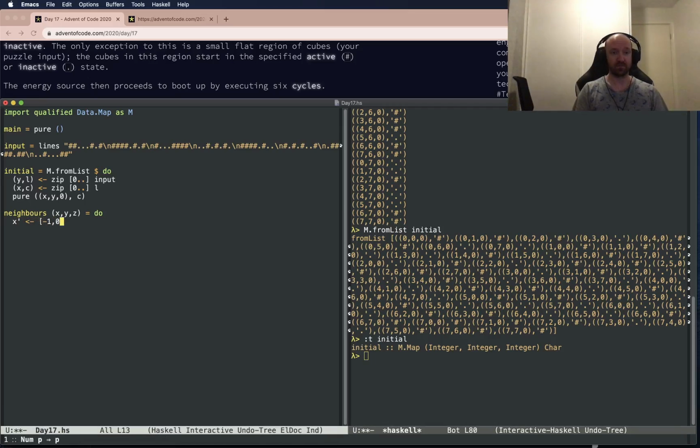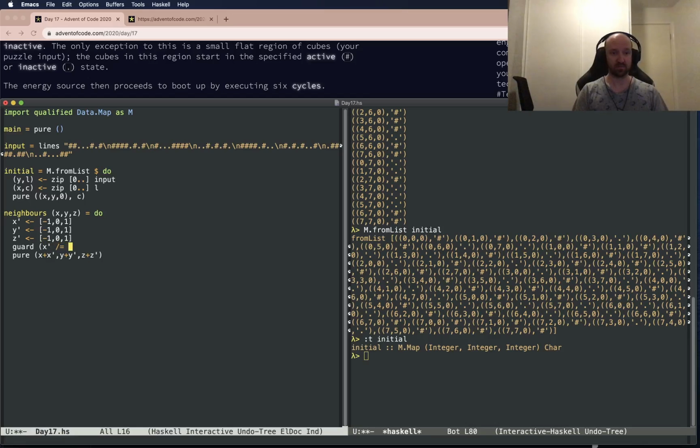Right, X prime is 0. Yeah, we'll do it like this. You draw an X prime, you draw a Y prime, and you draw a Z prime. And your neighbors are X plus X prime, Y plus Y prime, Z plus Z prime, but only if they're not all 0.